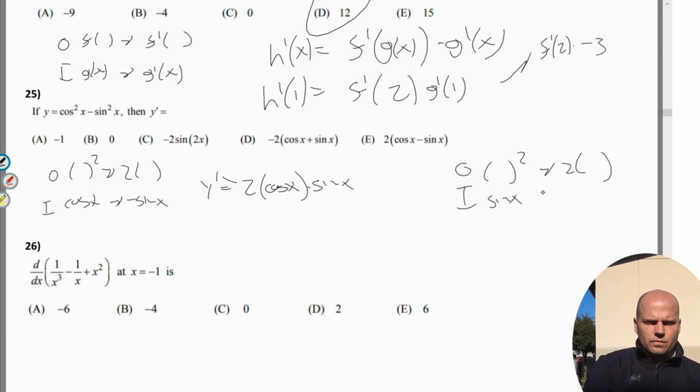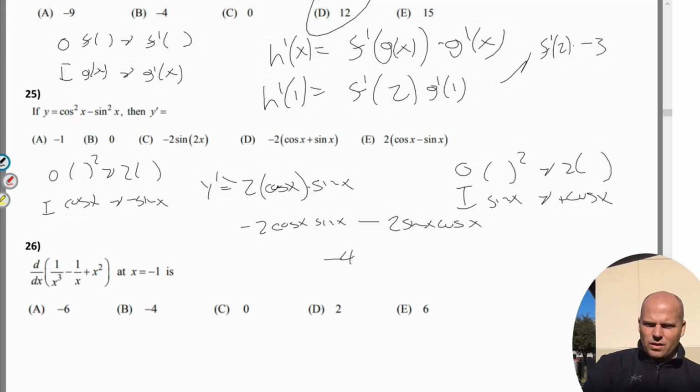Same deal. So we got 2 different ones. So you take 2 different ones. So we got negative 2 cosec sine x. And then we got minus positive 2 sine x cosec. And would you look at that? Minus 4. No?